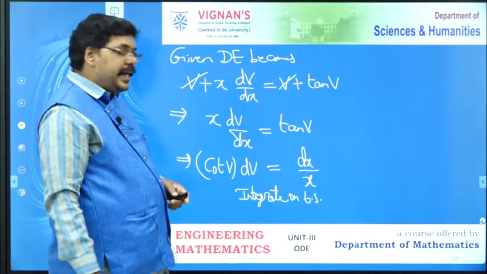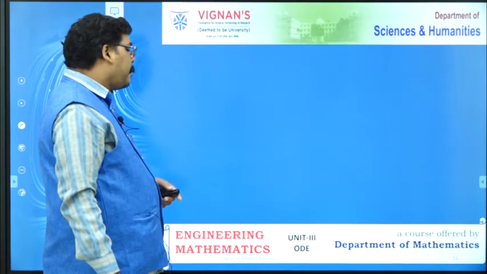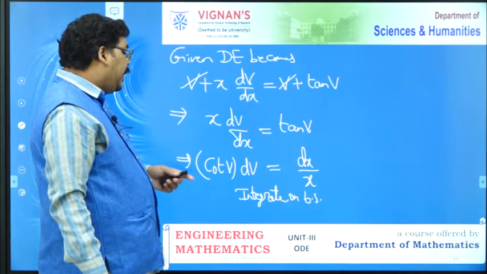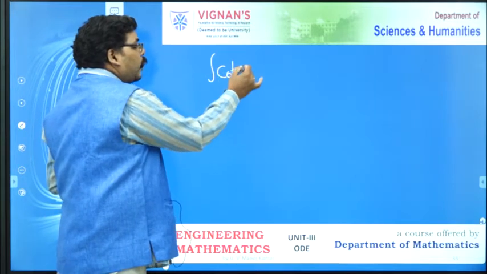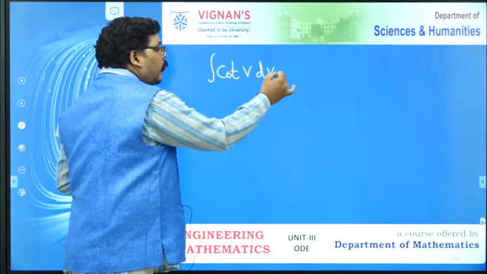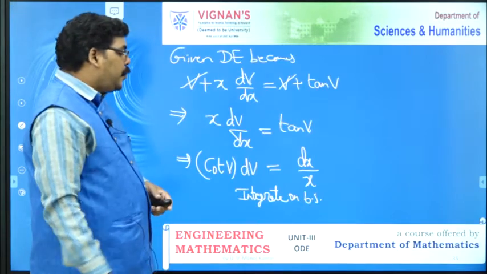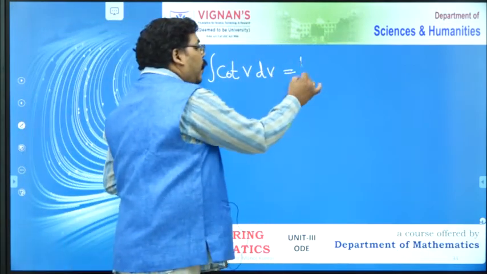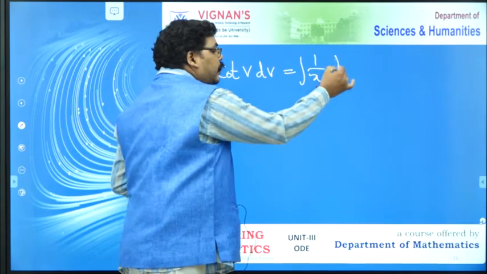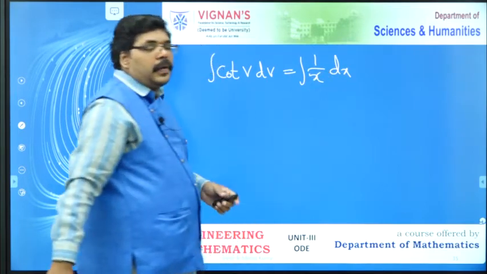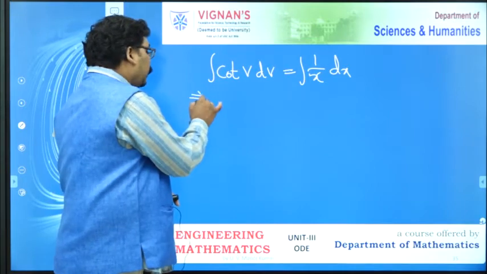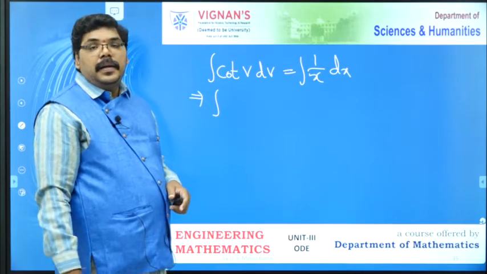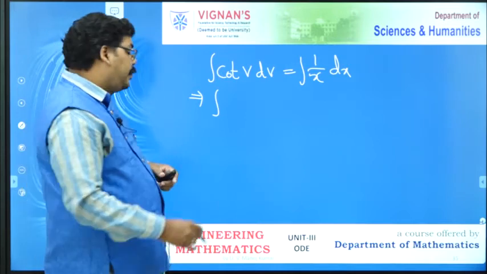When you integrate on both sides, integral cot v dv equals integral 1 by x dx.